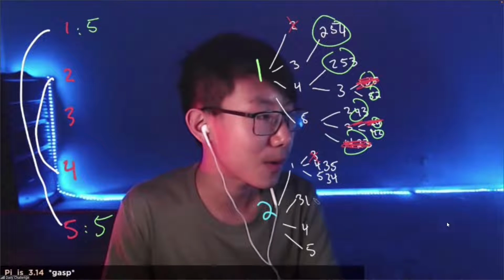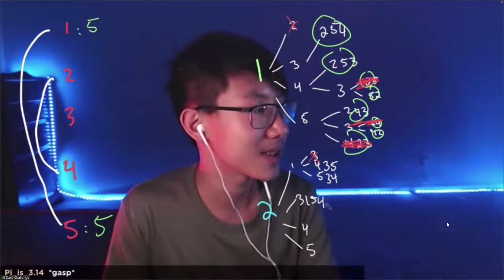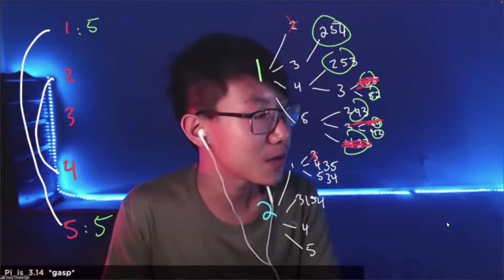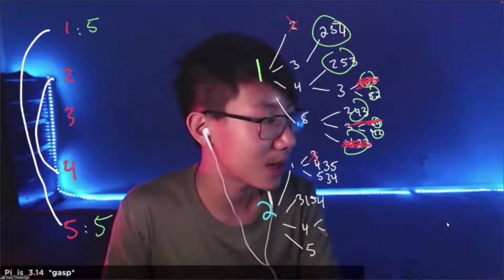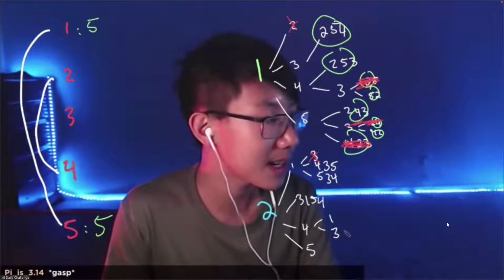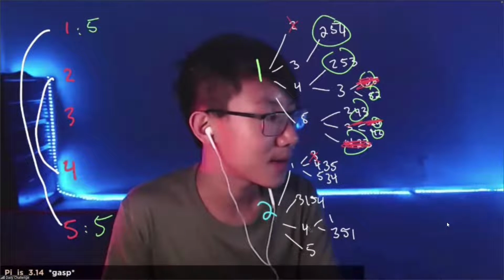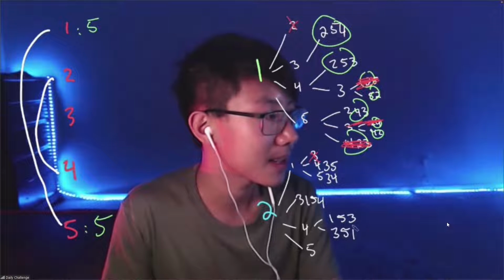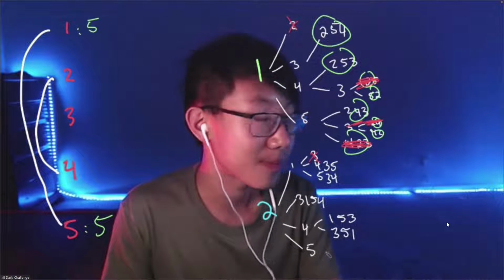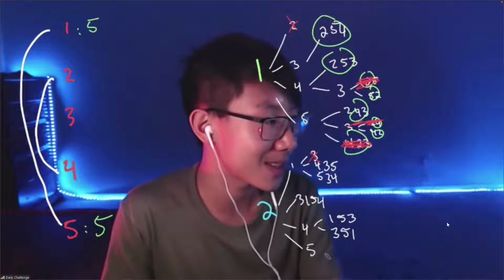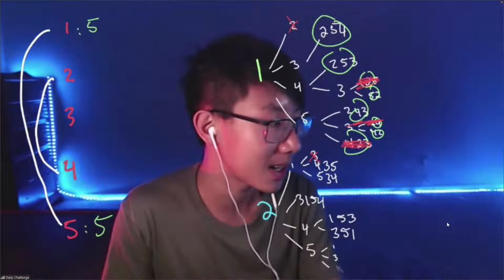And it can't go to 1, 4, 5, otherwise it is always increasing. So that's the only one that works there. 2, 4. So it can't increase, so it has to go to 1 or 3. And from there, 4, 3 can't go down, so it has to go 5, 1. And 2, 4, 1 has to go 5, 3. These are all good. 2, 5, we can go down, so any of those work. 1, 3, and 4 all work.